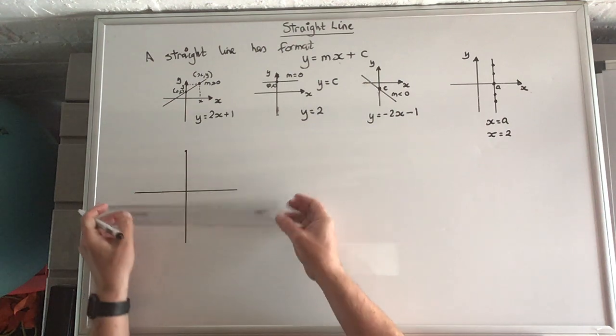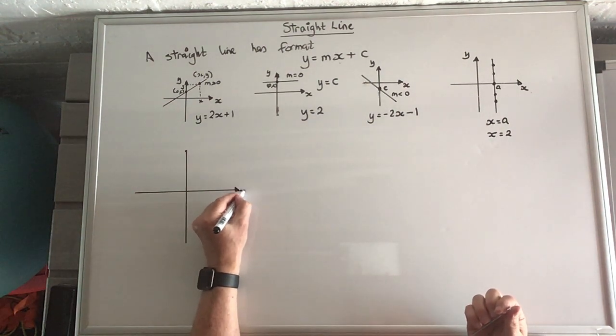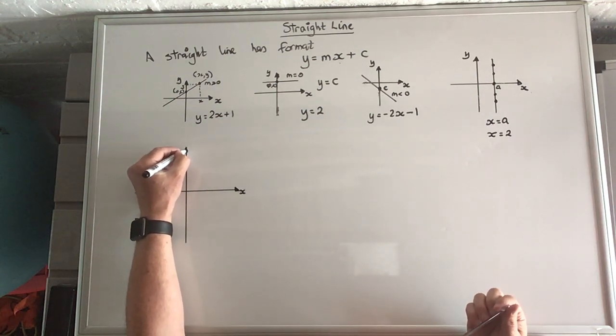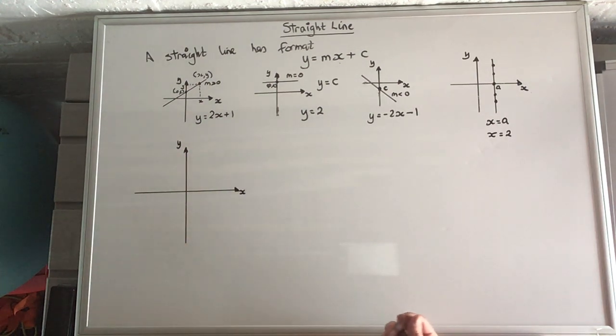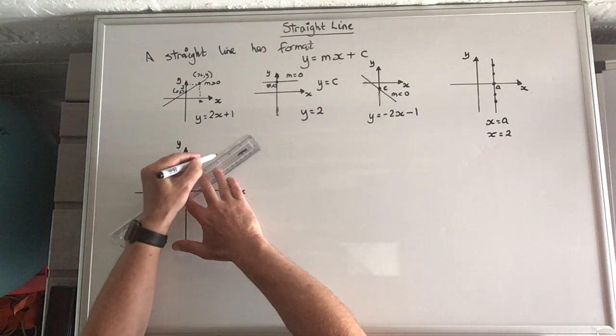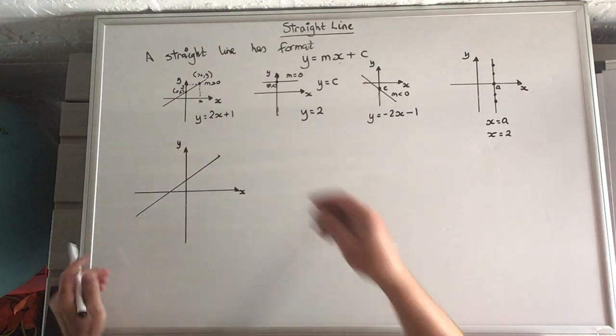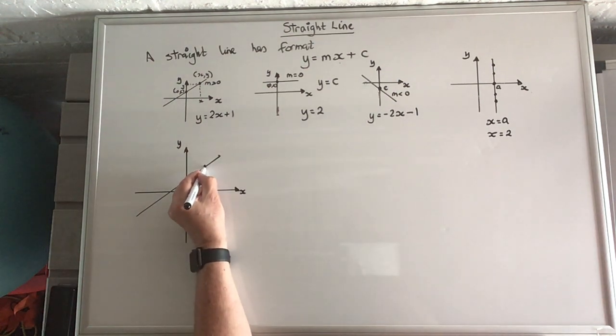So how does that work? How do we get the y-intercept in? Well, hopefully we'll be able to work that out. Remember, to get an equation in a straight line, all we need is 2 points. Okay, so let's make up 2 points. Let's put 1 point here, make that 3, 4.